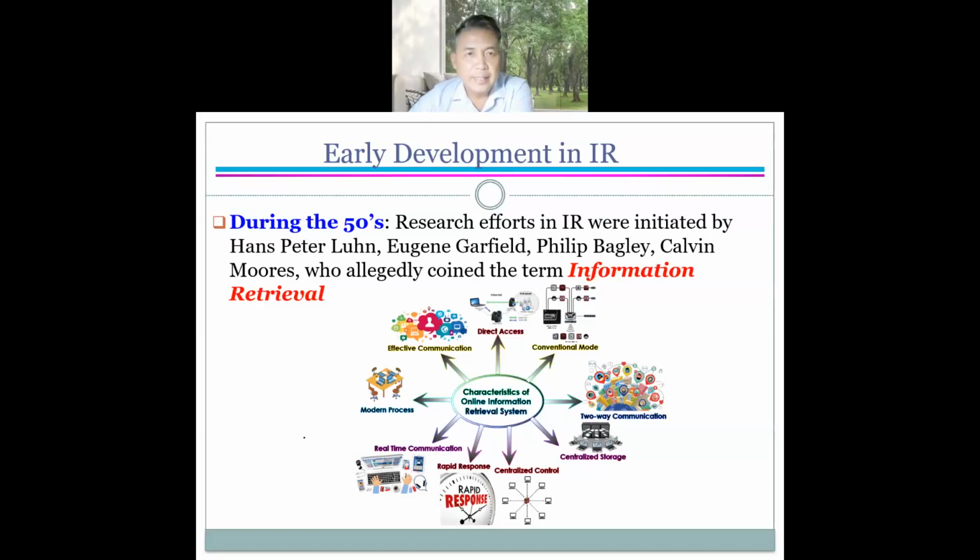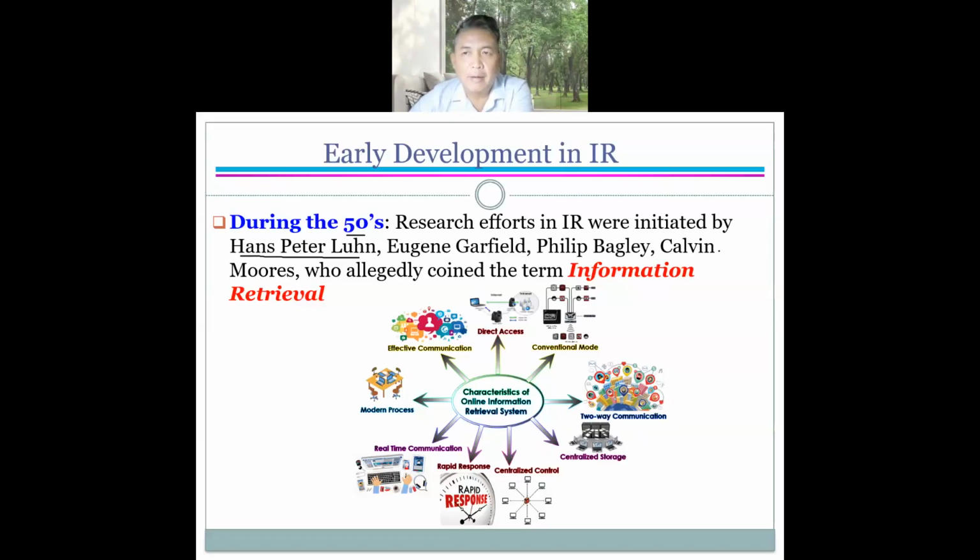In the 50s, these people initiated research in IR. If you find these names in the papers you are reading for your FYP: Hans Peter Luhn, Eugene Garfield, Philip Bagley.